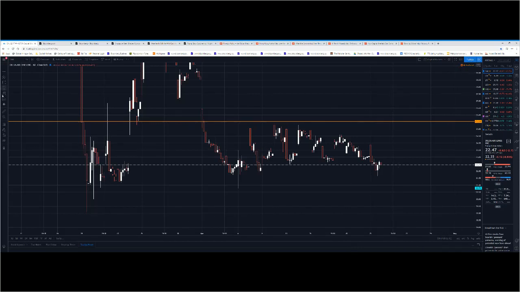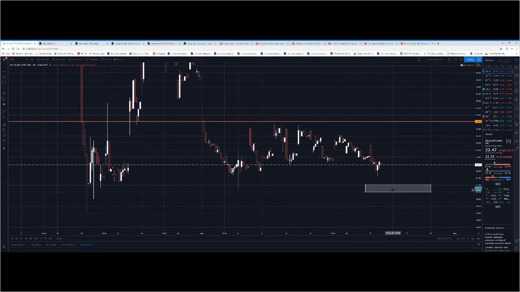Now, the next thing you want to do is, let's assume that the price came down to this level. Let me put that in white color. So the price came down to this white rectangular box.